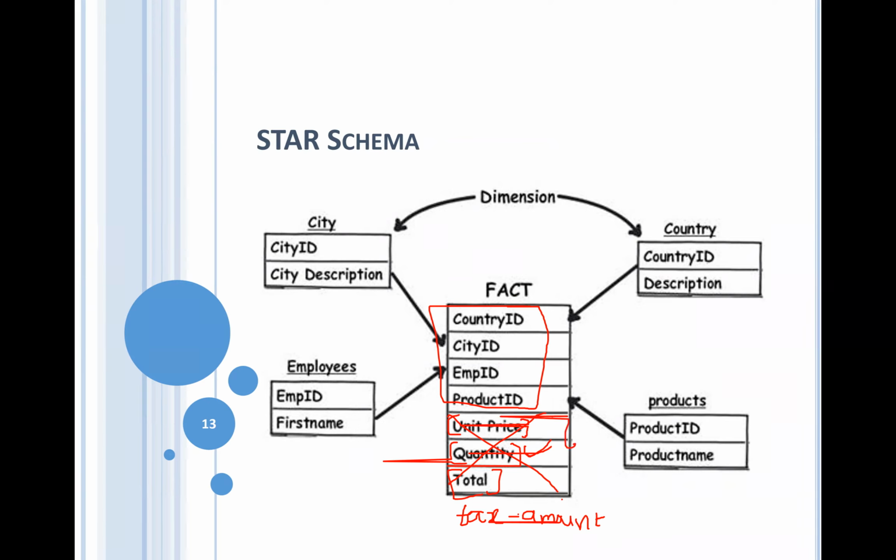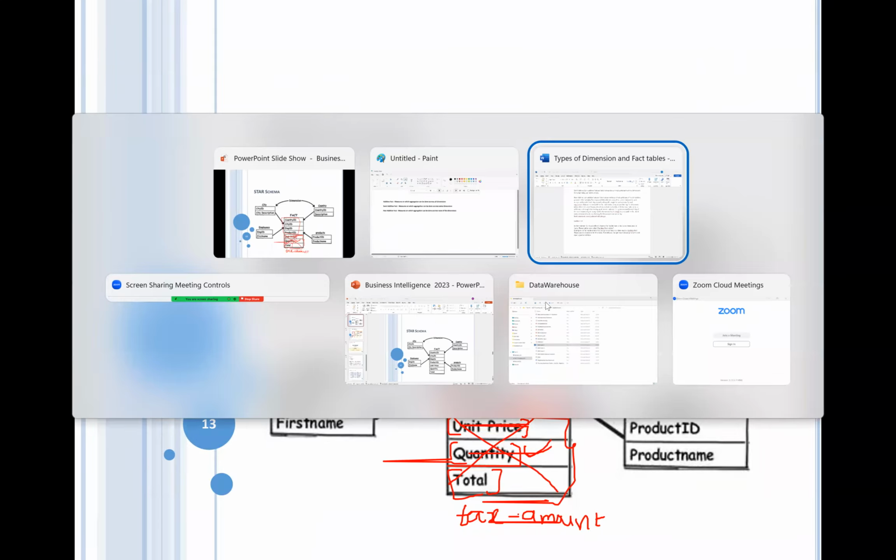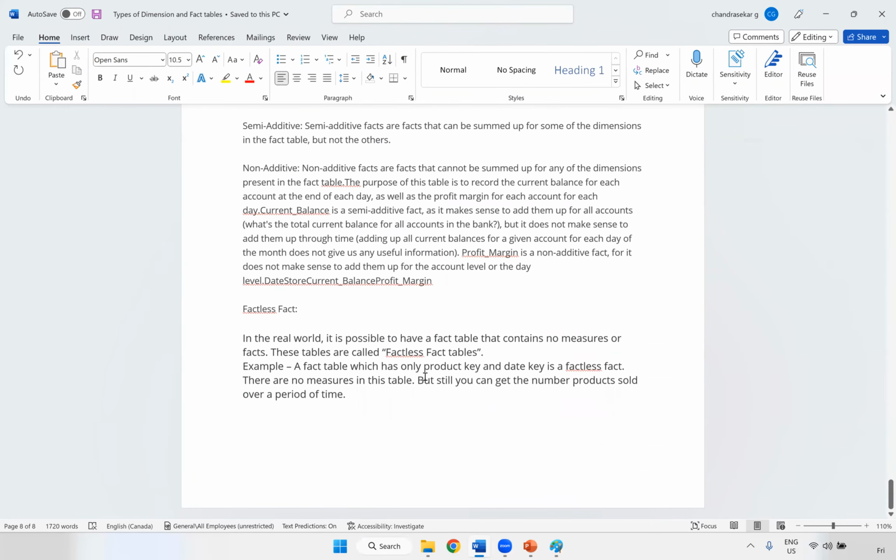Means there is no fact here, right? See, these are all the facts. These facts are not available in the fact table. That is called factless fact. So factless fact means you have only key values. In the real world, it is possible to have a fact table that contains no measures or no facts. These tables are called factless fact. It will have only foreign keys. Okay, that's called factless fact.